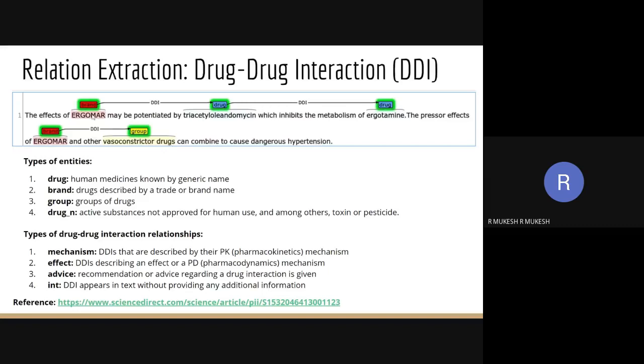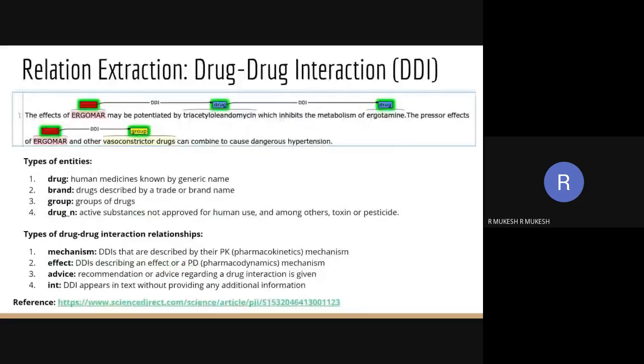And it identifies the kind of relation. Although there is no type associated here, the relation extraction module will actually identify the type of relation, whether it's a mechanism relation between two entities, or an effect relation, or an advice relation, or an int relation, or there exists no relation between these 2 entities. They're unrelated. So this is another domain in which we can use information extraction, right?